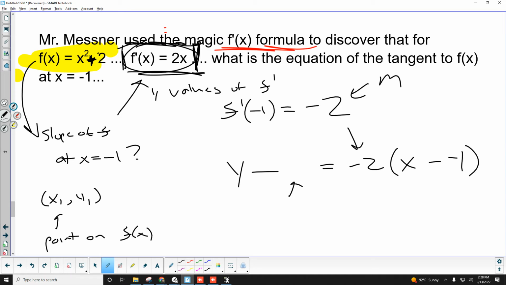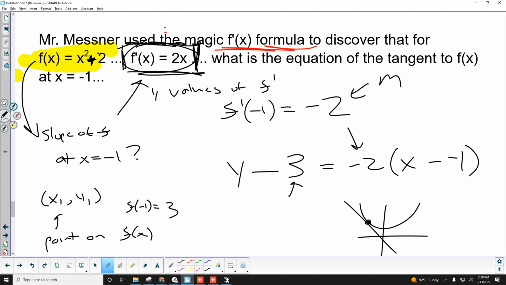We go back into the original equation to find the y coordinate of the point on the function. I need this point so that I can have my tangent equation, okay? So I plug in -1 into f, and I get 3.